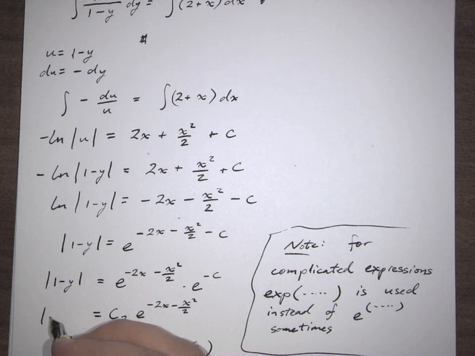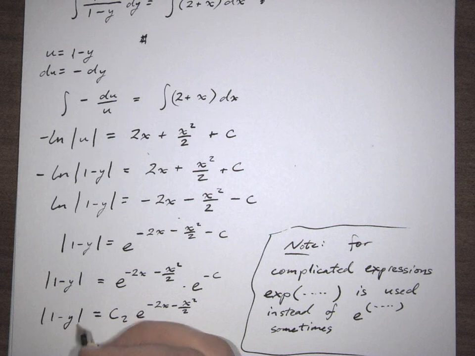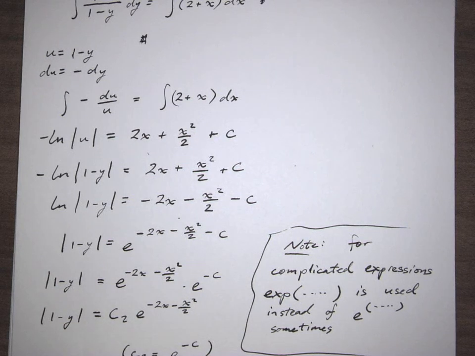These are still the absolute value of 1 minus y. Okay, so then what that means is 1 minus y is equal to plus or minus c2 e to the minus 2x minus x squared over 2.